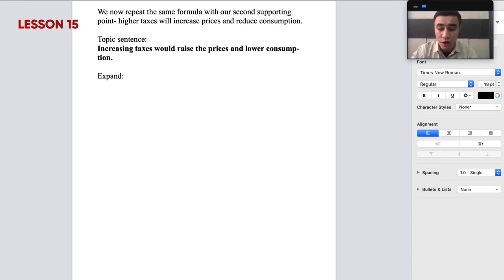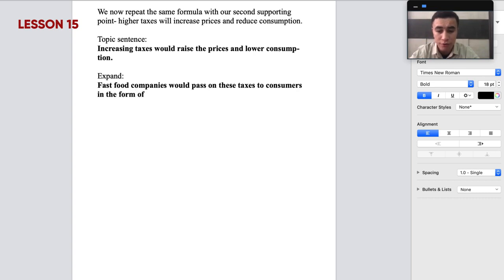So, previous copied information. Now, fast food companies would pass on these taxes to consumers in the form of higher prices, and this would lead to people not being able to afford junk food because it is too expensive.